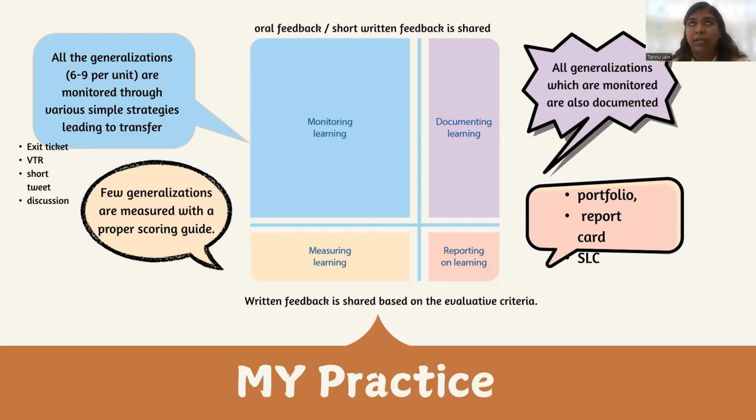My usual practice of co-constructing the success criteria with learners is very simple. Many times, I keep an exemplar with them and I ask them, what do you think the knowledge is that the learner must have used to do this? What skill must they have demonstrated to do this?